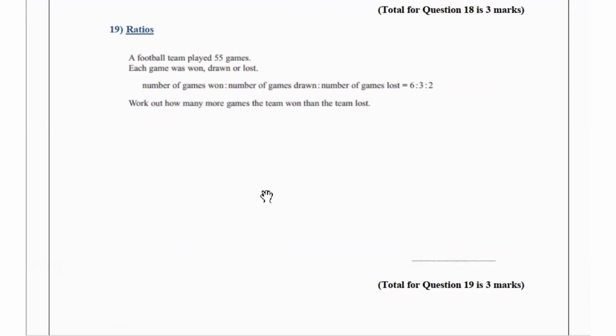And it says a football team played 55 games. Each game was won, drawn, or lost. Number of games won is to number of games drawn is to number of games lost is 6 is to 3 is to 2. Work out how many more games the team won than the team lost. So for won, it's going to be 6 over 11 times 55.